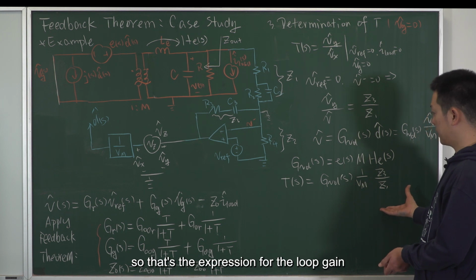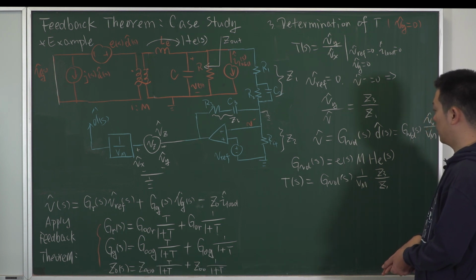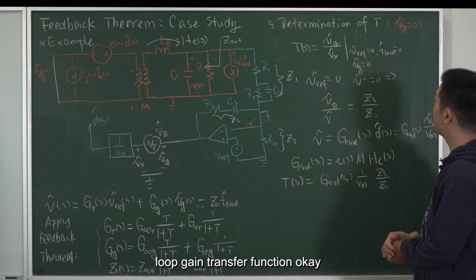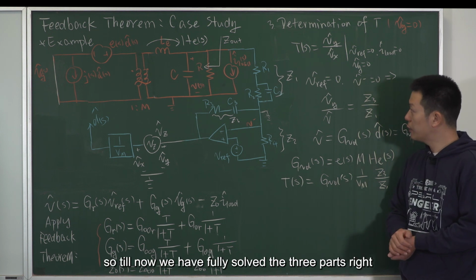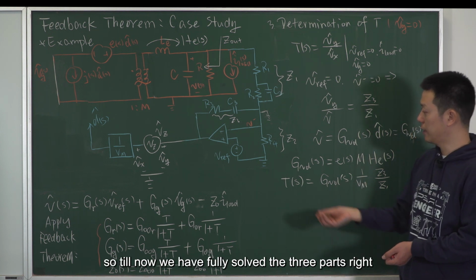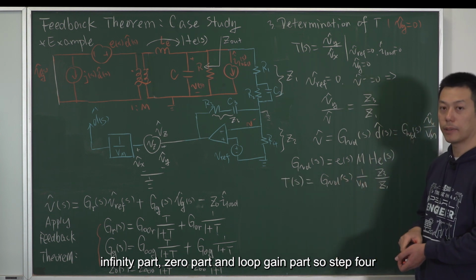So that's the expression for the loop gain transfer function. Okay. So till now we have fully solved the 3 parts, right? Infinity part, 0 part, and the loop gain part.